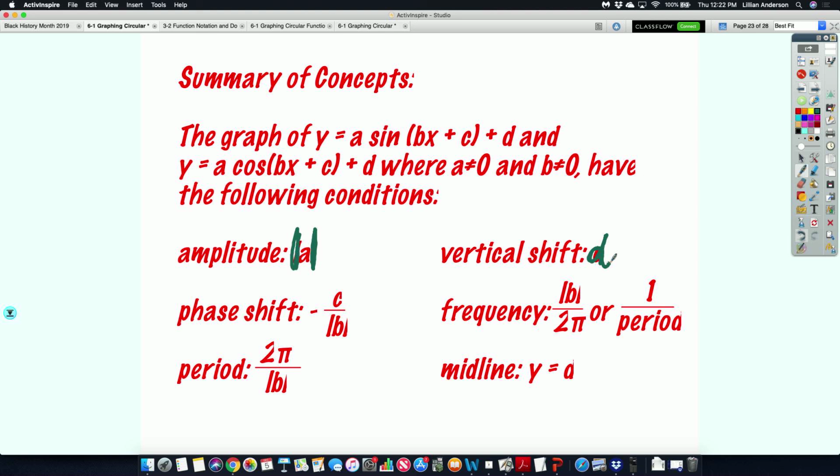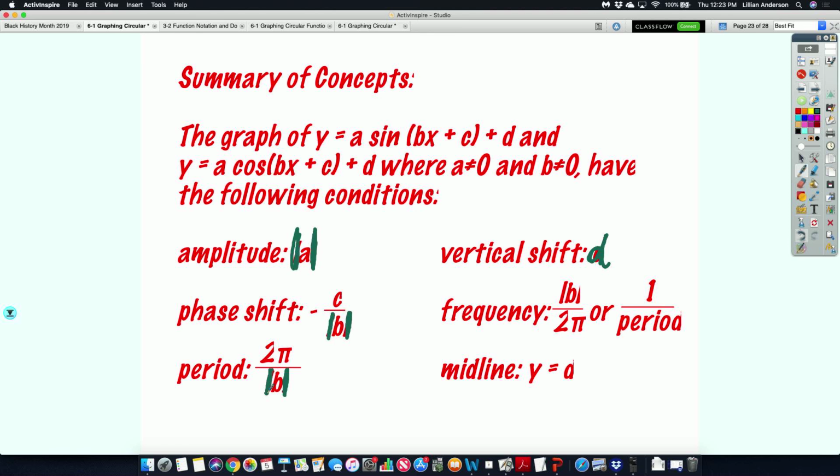Your phase shift is negative c over b, and it is the absolute value of b. We probably won't give you any y-axis reflections, but there you go. The period is 2 pi over the absolute value of b. Your frequency is the absolute value of b over 2 pi. You know you have this written down already. I'm just summarizing in one little page.